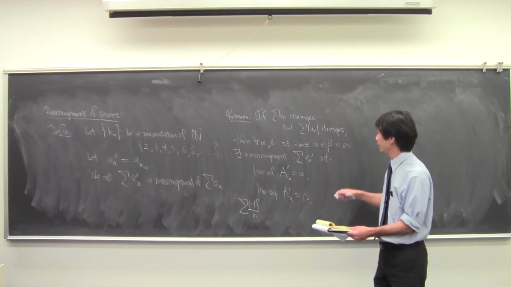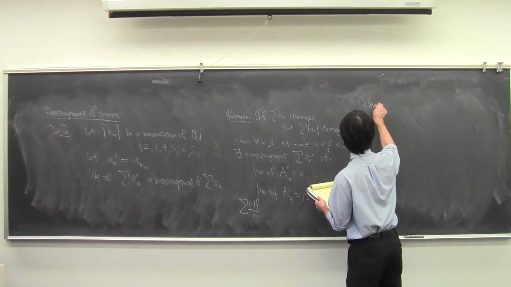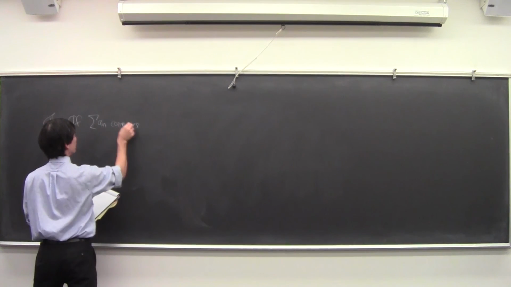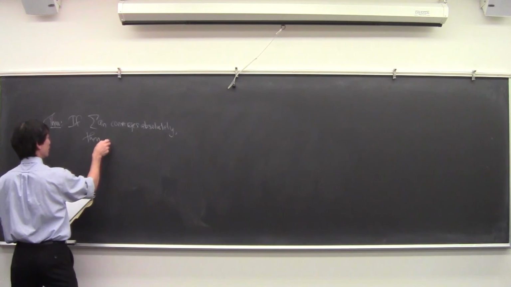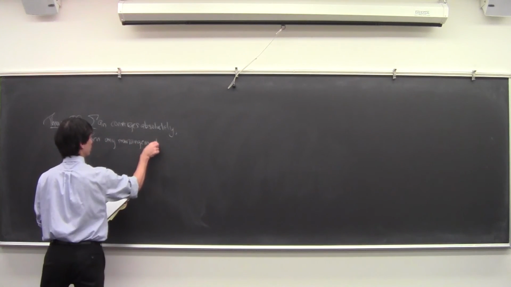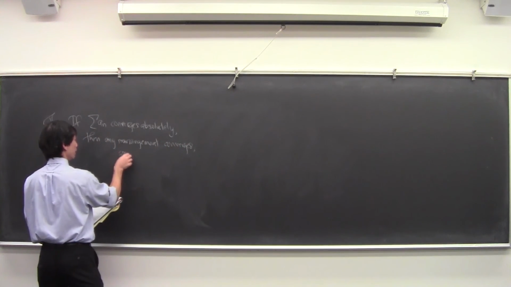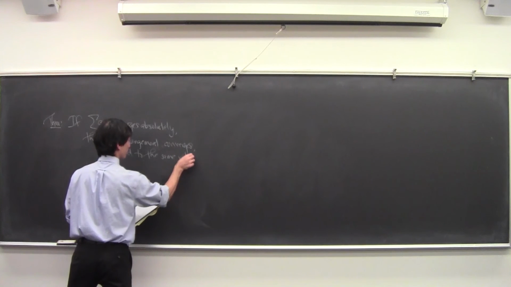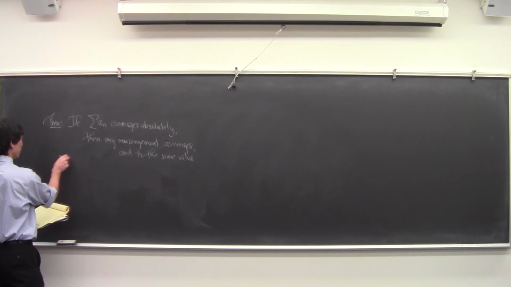But let me prove something much simpler, which is that if an infinite series converges absolutely, then any rearrangement of it also converges, and in fact to the same value. Okay, so here we go.